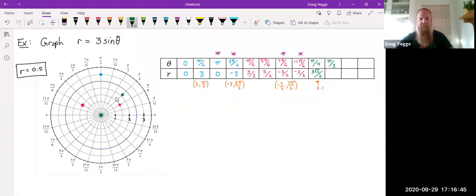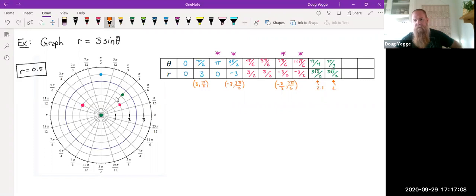Now, if you plug in pi over 3, pi over 3 gives me a value of root 3 over 2, times 3 gives me 3 root 3 over 2. But again, if I want to plot that radius, I have to know that that ratio, root 3, is going to be 1.73 times 3 gives me about 5.2.